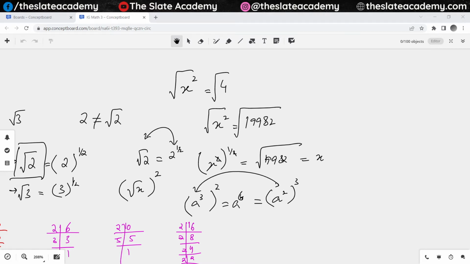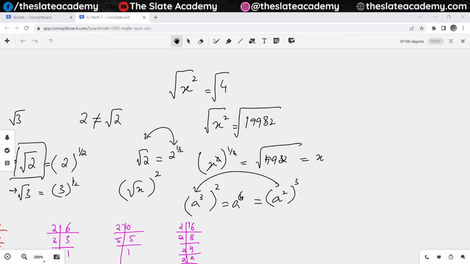So you press the square root button and write 19982, equal to. Under root 19982, it should give 141.3577.